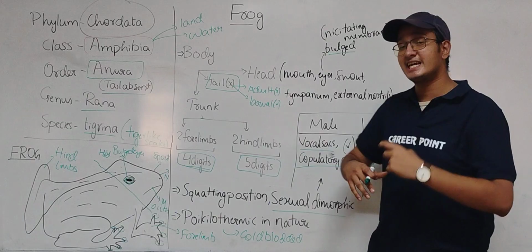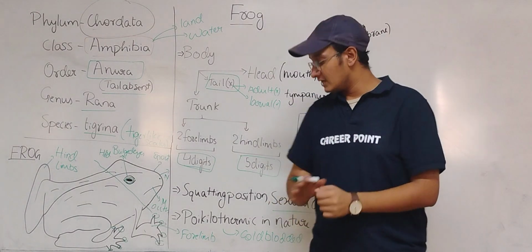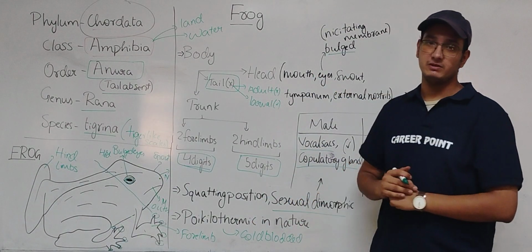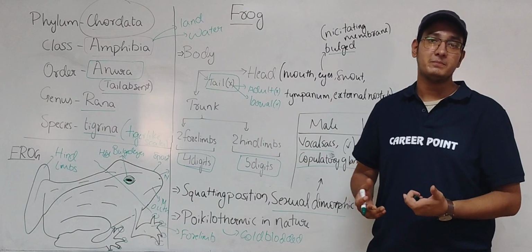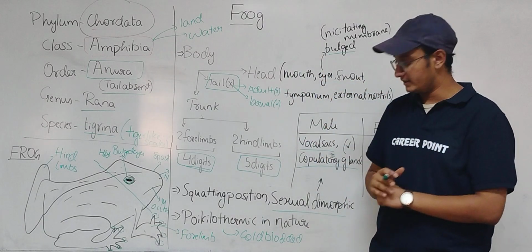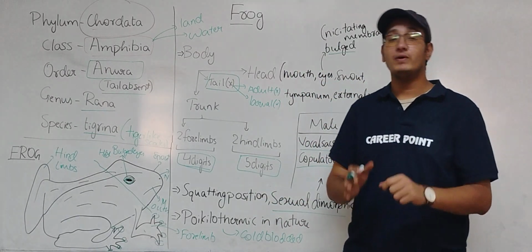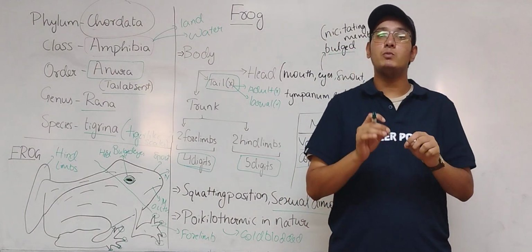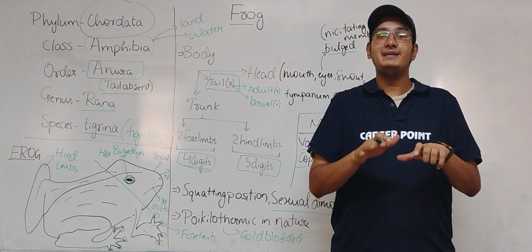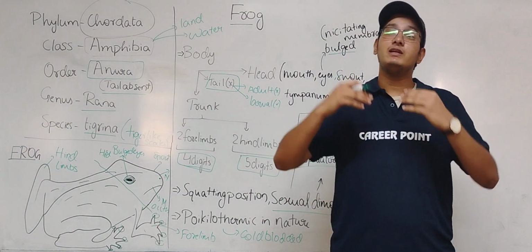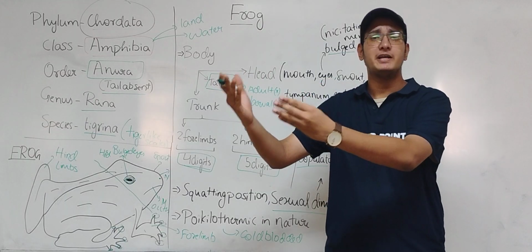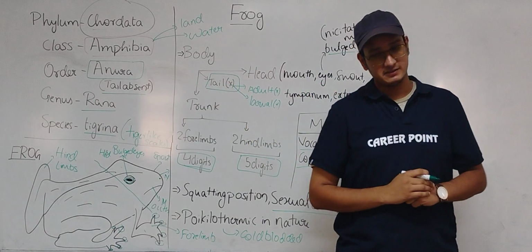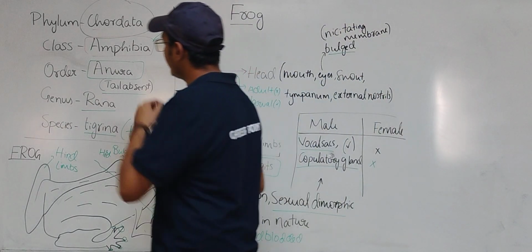So organisms which cannot regulate their body temperatures are known as cold-blooded animals. So they can change their body temperatures depending on the external environment. So these are poikilothermic. When it comes to humans, we are homeotherms. So we maintain a constant temperature even if we go to the Himalayas or even if we come to the Thar desert.